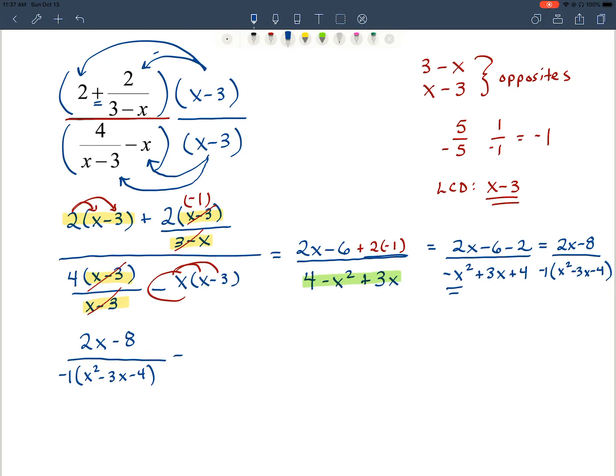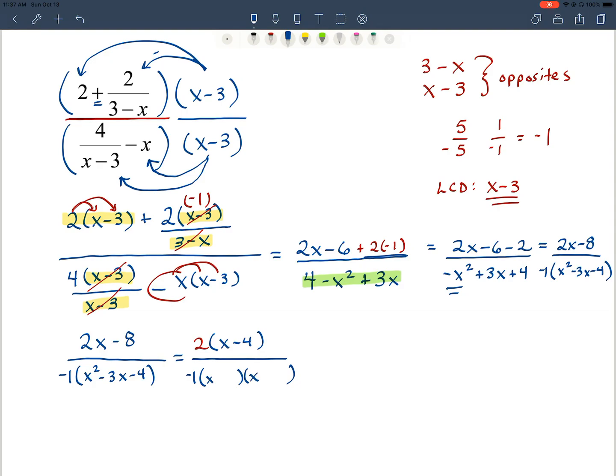So now we can look to factor these to see if there's anything that will cancel out. We have a greatest common factor of 2 in this numerator here, so that's going to give us 2 times the quantity of x minus 4 over, still have this negative 1, and then our trinomial should factor into 2 binomials if it factors.